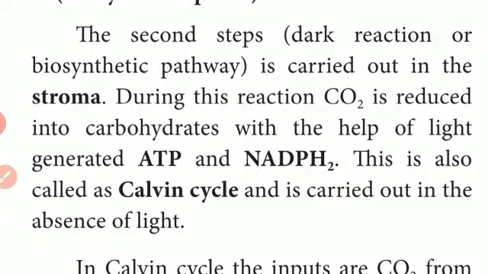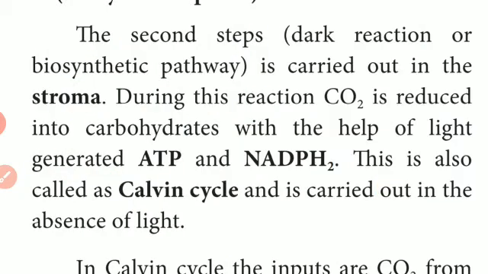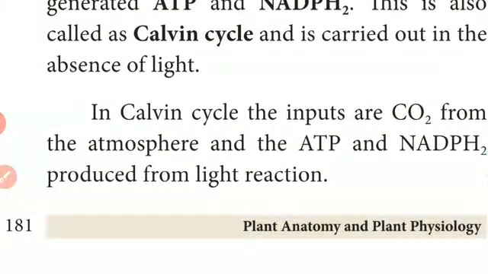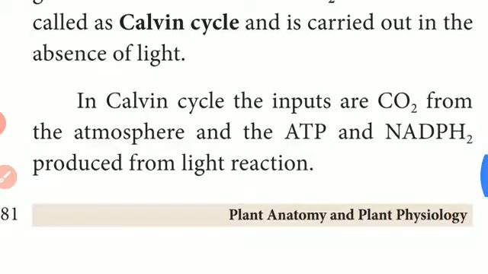Without light this process is carried out. But the first process we call light dependent reactions, where light plays the main role. Here it is not like that; light is not necessary. Normally these reactions happen during the night time. In the Calvin cycle, the inputs are carbon dioxide from the atmosphere and the ATP and NADPH2 produced from the light energy.